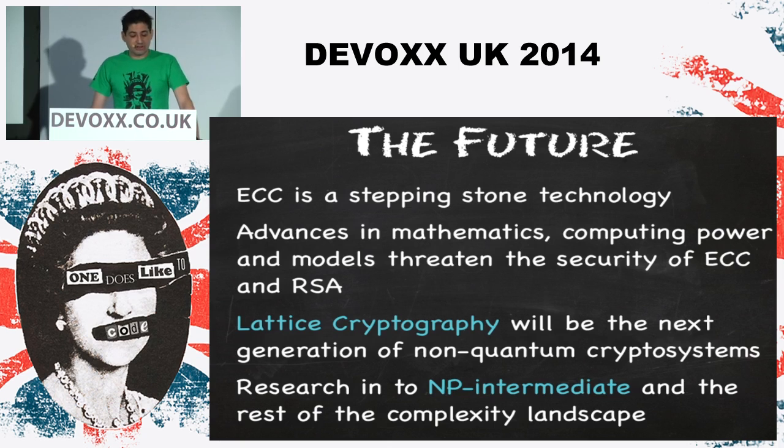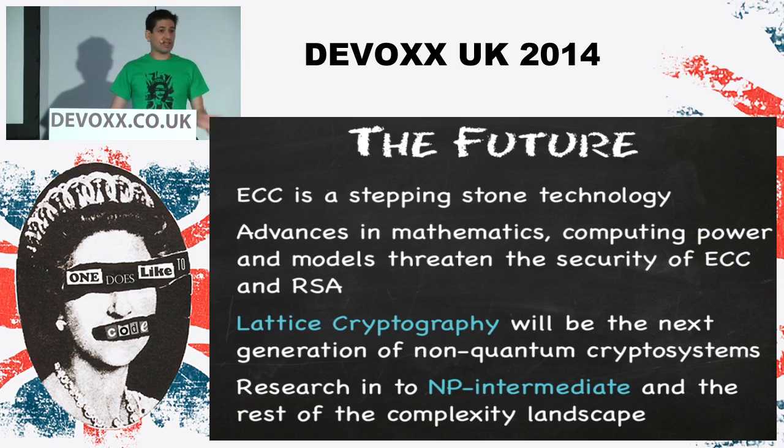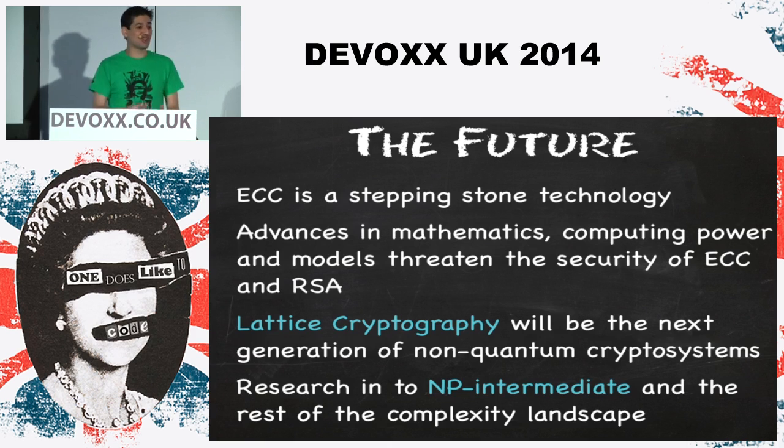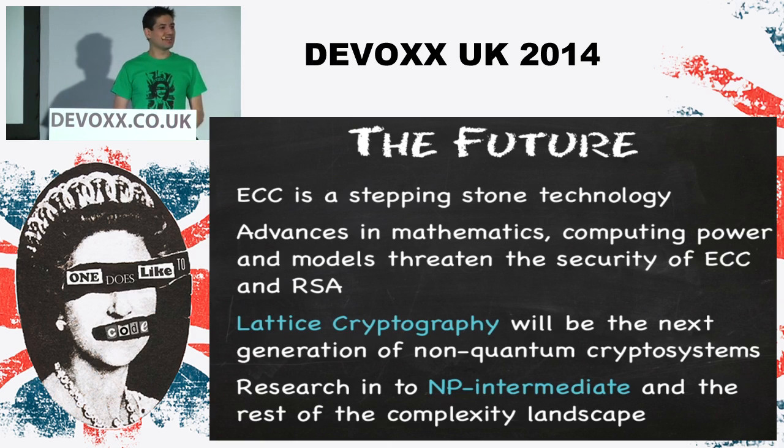In the future, as I've said, ECC and RSA are going to be completely insecure because of the power of computing. What's next is likely to be lattice cryptography, which is based on another mathematical problem, but one we're pretty sure is NP complete. And that will raise the bar that extra level.